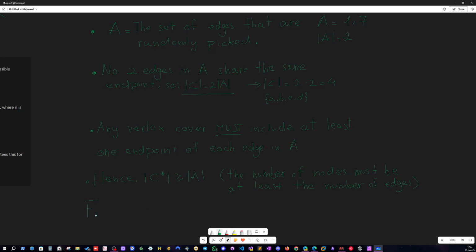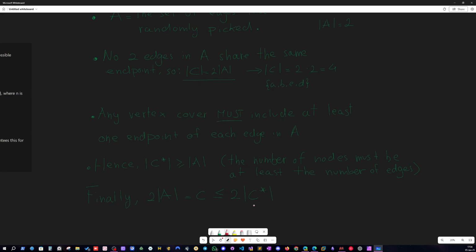Finally, two times the absolute value of A equals the absolute value of C, that is less than or equal to 2 times C star.